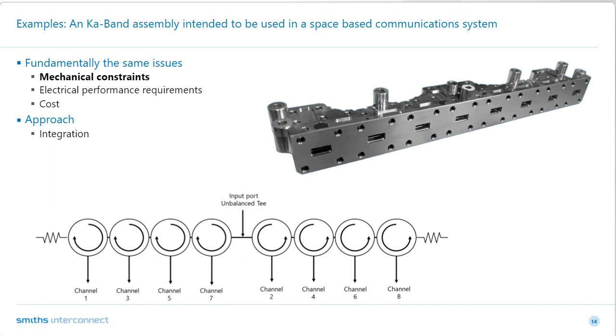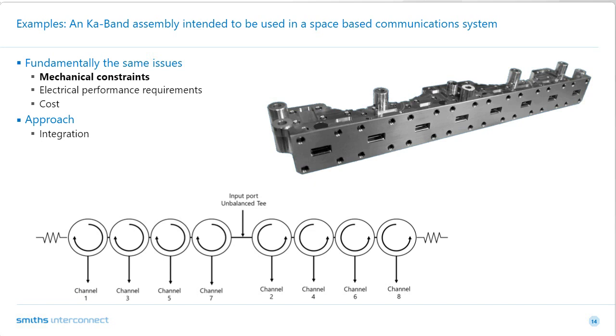No, I've got it here. It's okay. Okay, perfect. Last but not least, we mentioned the first airborne platform. Then, of course, it doesn't get any more expensive or more intense on the reliability side than in the space environment. And this is a Ka-band assembly taking care of 8 different channels.